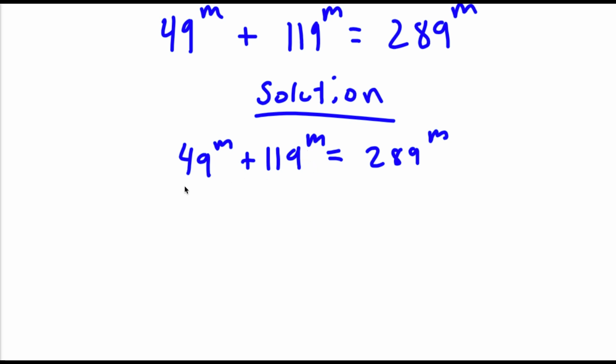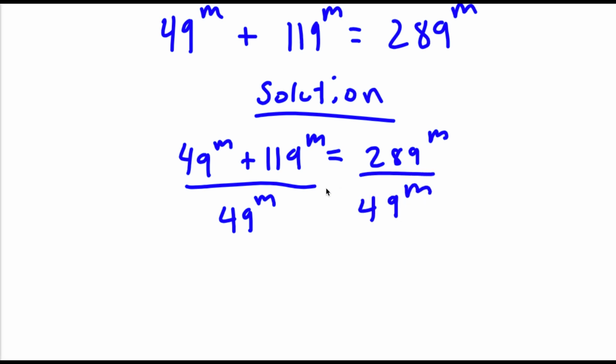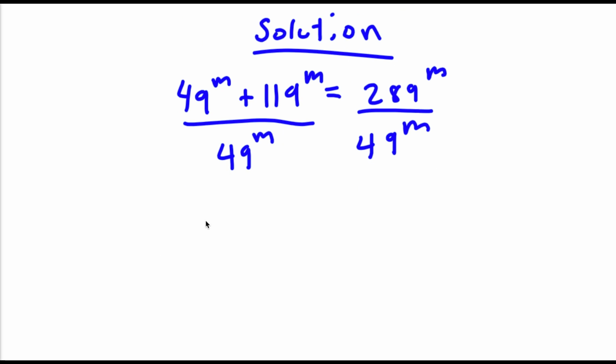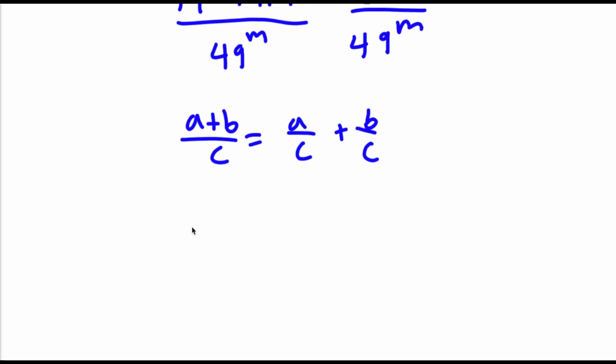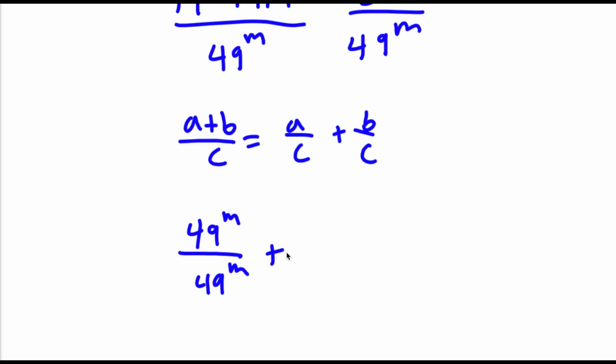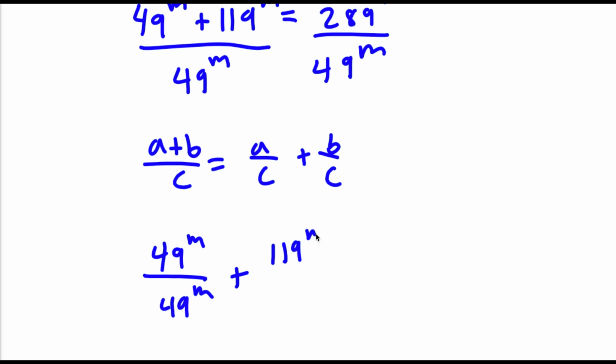Now what I'm going to do is divide both sides by 49 to the power of m. If I have something in the form a plus b over c, this can actually be written as a over c plus b over c. So 49 to the power of m plus 119 to the power of m over 49 to the power of m can be written as 49 to the power of m over 49 to the power of m plus 119 to the power of m over 49 to the power of m.